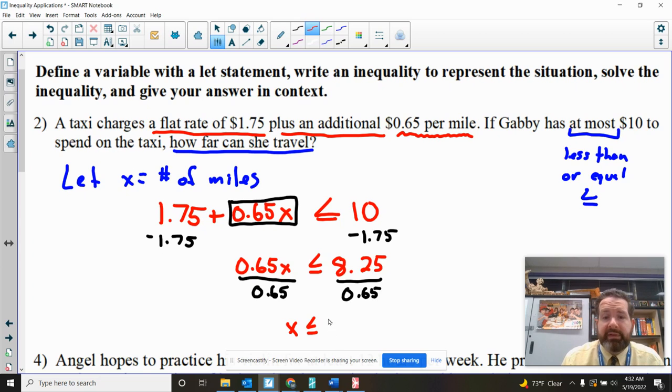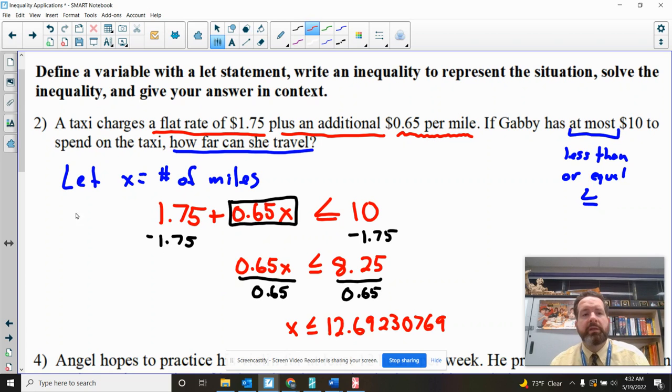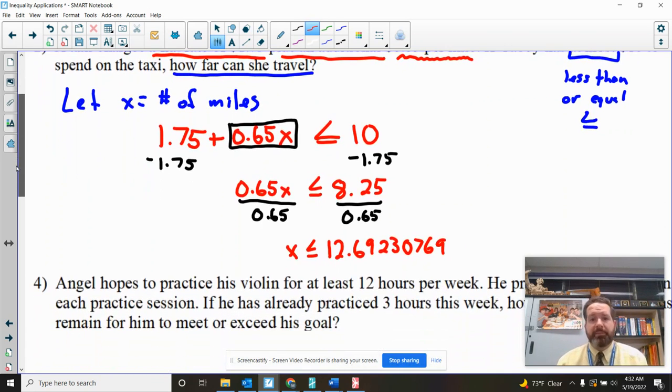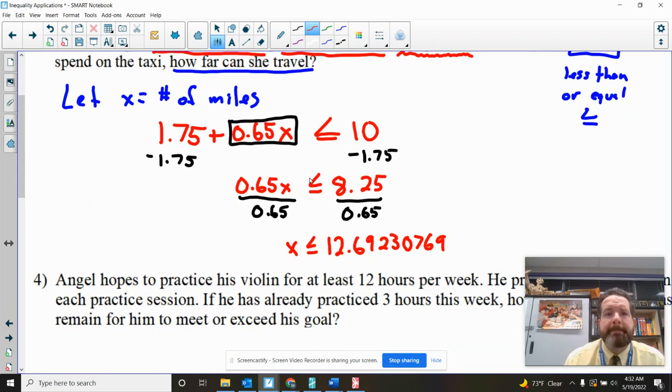Ooh, it doesn't come out evenly. That's okay. I'm just going to write all the decimals. All right, so let's now see what we've got. We have defined the variable, written the inequality, solved the inequality. x is less than or equal to 12.69230769.